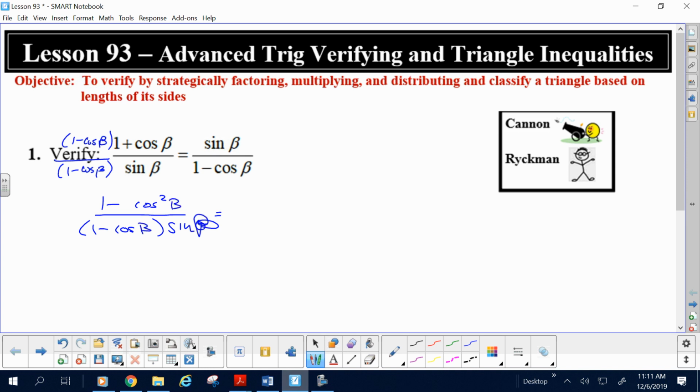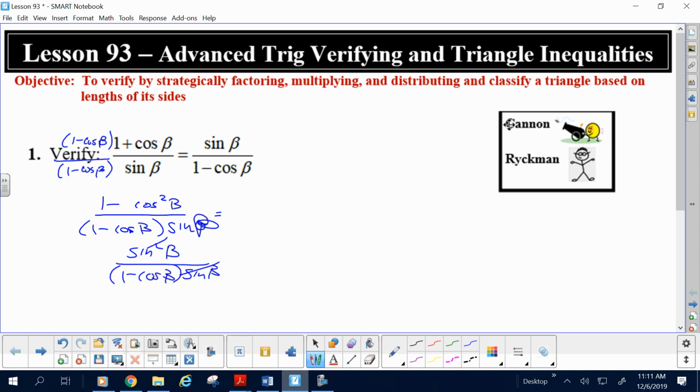Now 1 minus cosine beta is sine. 1 minus cosine. This is sine or this is sine? Top is sine or sine squared? Sine squared beta up top. Now you're cooking. Then what? Then look what you're trying to get to. Sine. Oh my gosh. Sine, yeah, there you go.